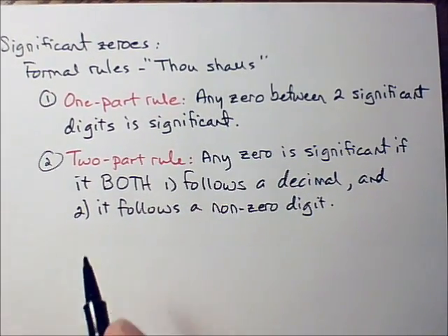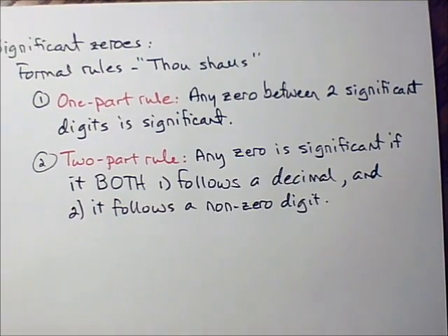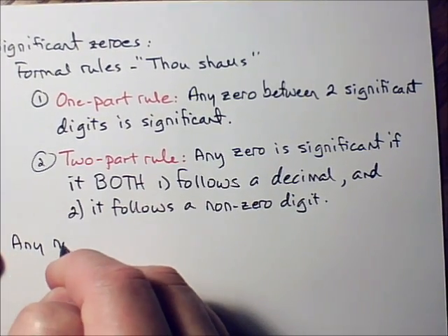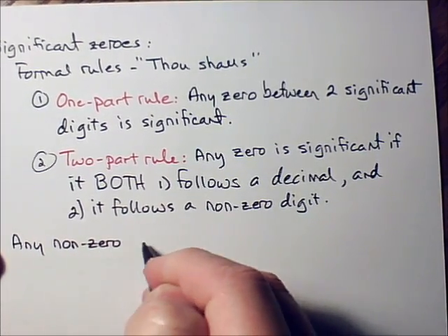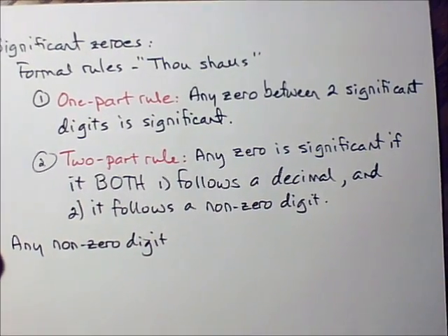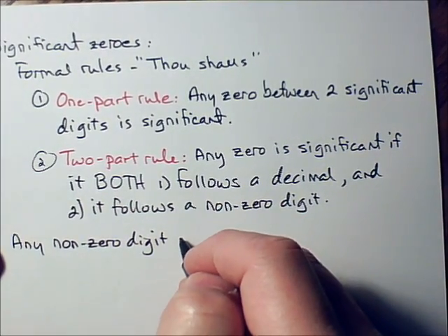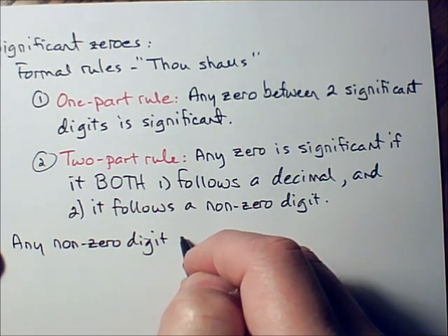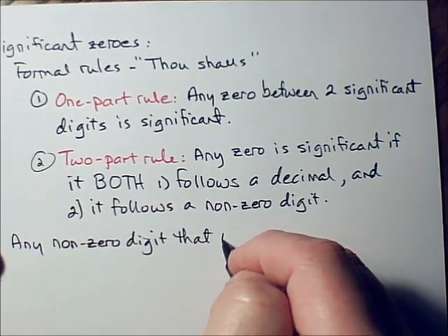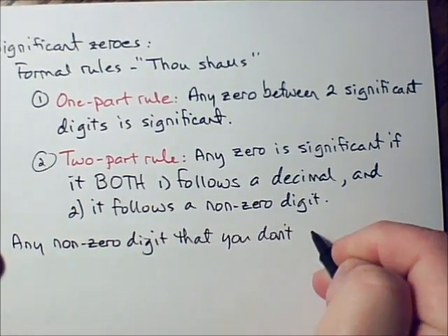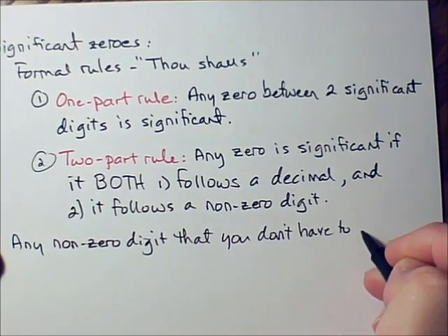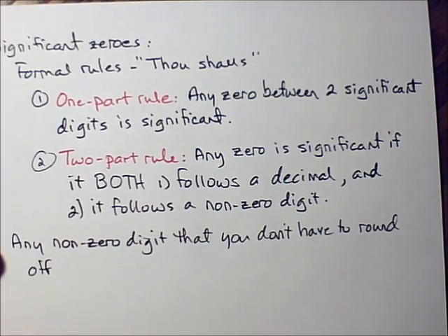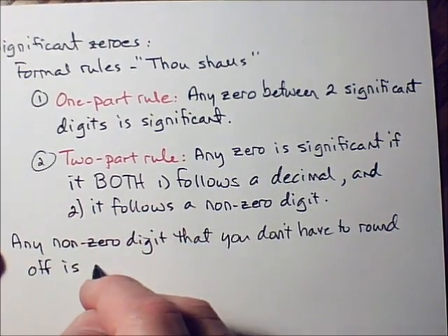So there's kind of an aside to this that may help you understand that you need to know. Any non-zero digit that you don't have to round off is always significant.